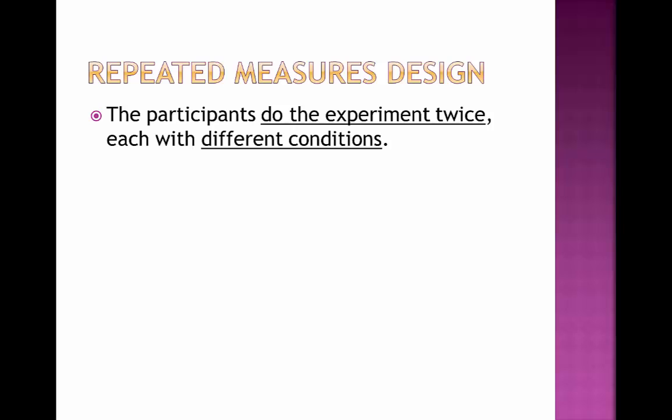They sit down at a table and try to memorize as many as possible. Then they are also told to memorize them with classical music playing in the background, and then they compare the results. In the repeated measures design, since the participants do the experiment twice, each time with different conditions, they will sit and memorize the 52 cards first, and then sit again with the classical music and memorize the 52 cards again.